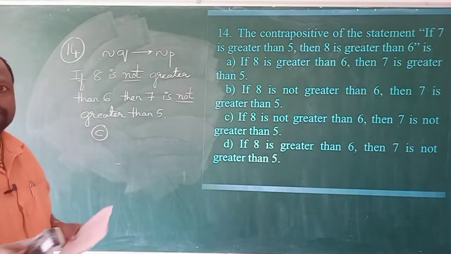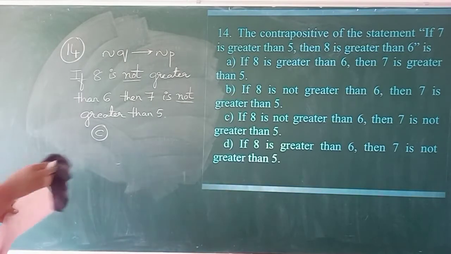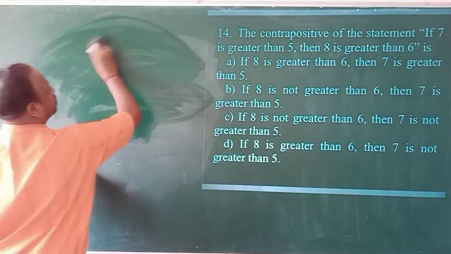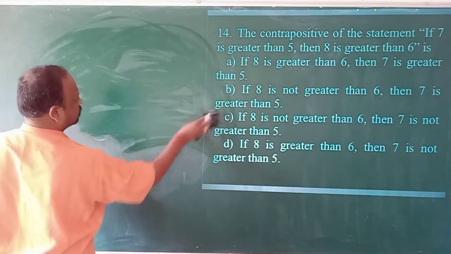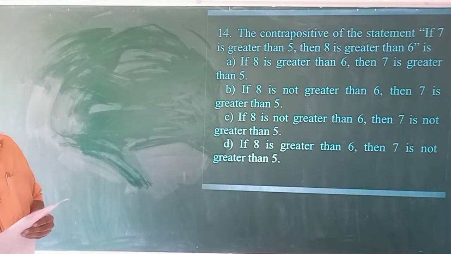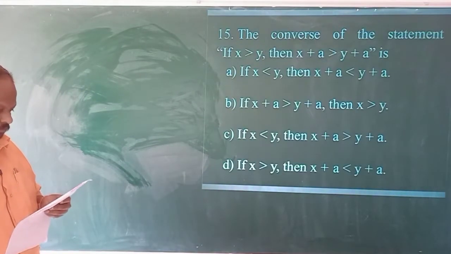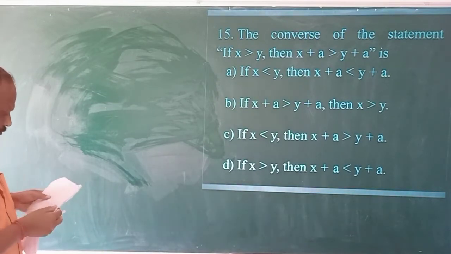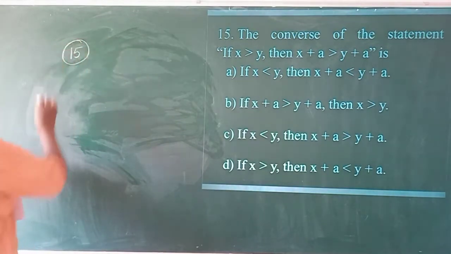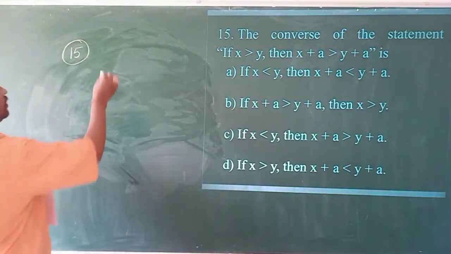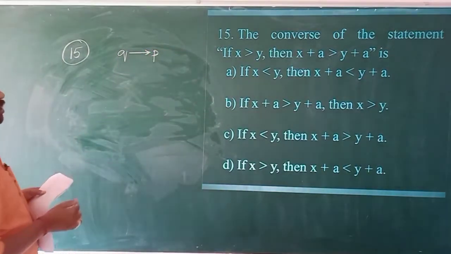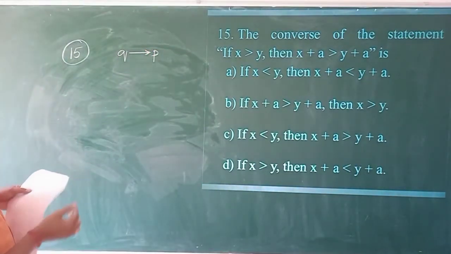The next one, fifteenth one, the converse of the statement. Converse is given by Q then P. So we have to reverse the statement.